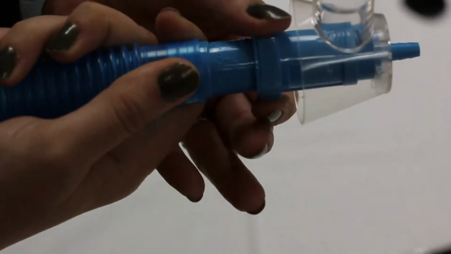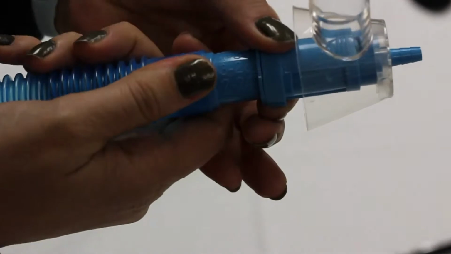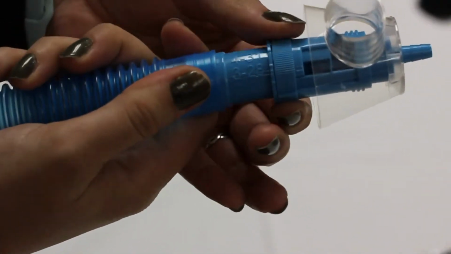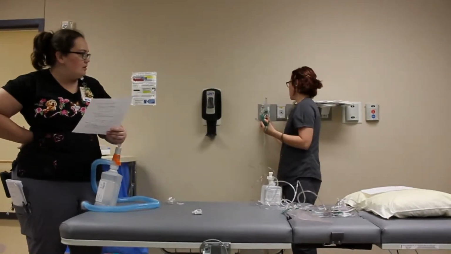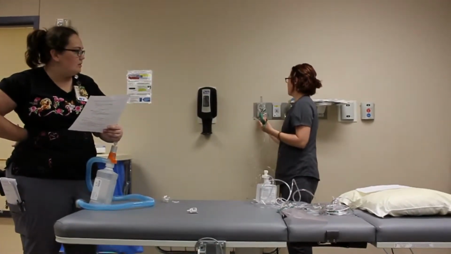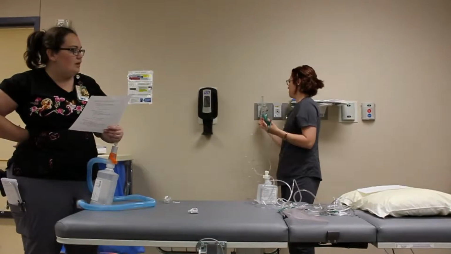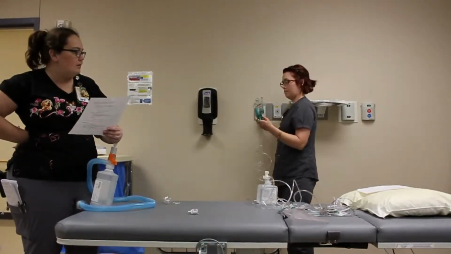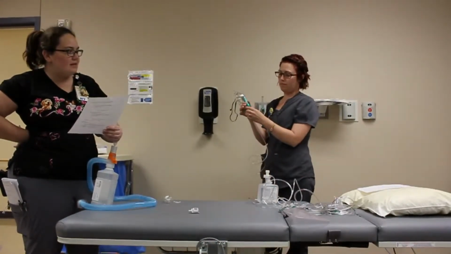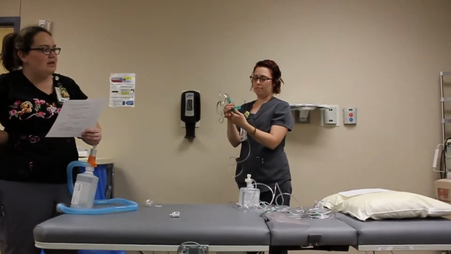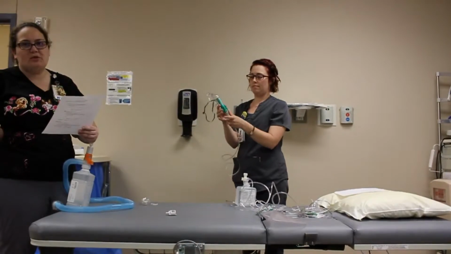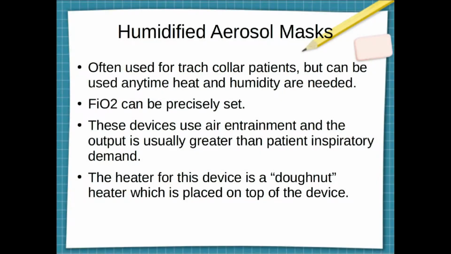It does not attach to any humidification. If you'll note, covering the dial device is a cap that is to prevent any blankets or anything from covering up those windows, which would increase the patient's FiO2 and decrease their flow rate.